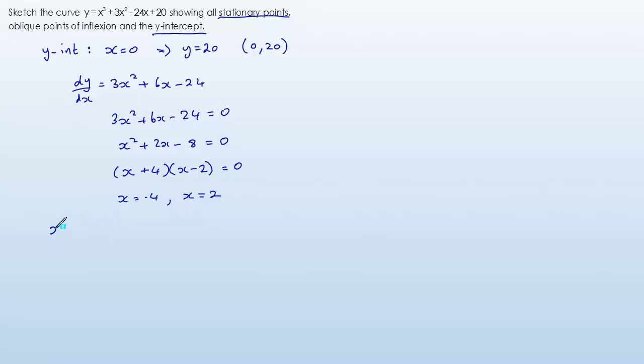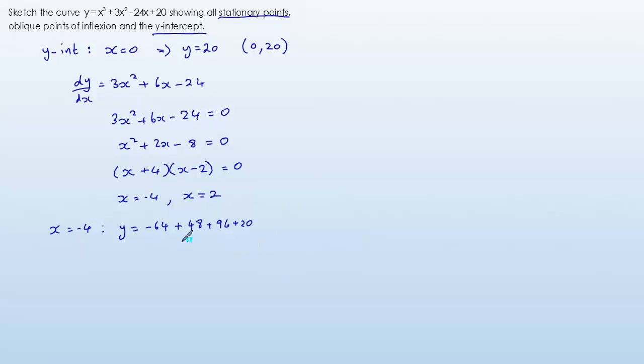So if x is negative 4, y is going to be negative 4 cubed, so that's minus 64. And then we have 3 lots of 16, so that's 48. 24 times 4 is 96, and it's a negative negative, so plus 96. And add the 20 on.